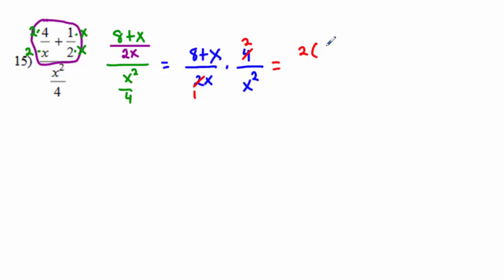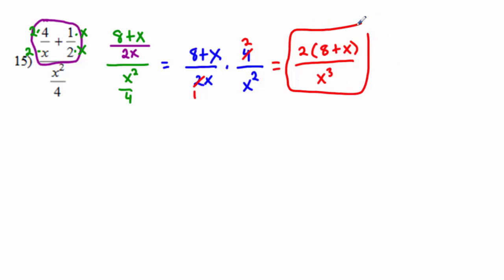So on top I can write 2 times 8 plus x, and on bottom I can write x times x squared, which is x cubed. And in these instructions it didn't ask us to say the restrictions. It would probably be that x can't be 0, but we don't have to state them, so yeah.